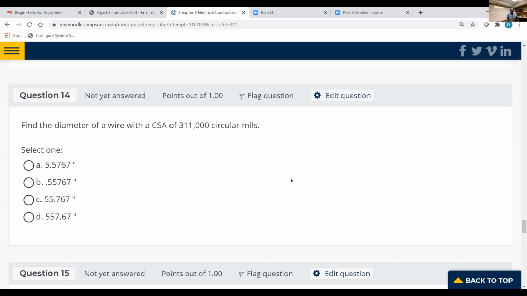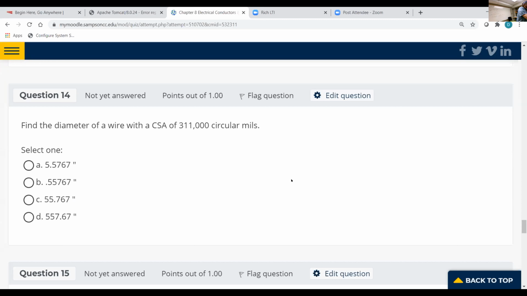And to go in reverse of that, if you have 557 mils, listen, that would represent in diameter 0.55767, and so on, inches. You got to divide to get back to the actual. Right, by 1,000. You have to go by 1,000.